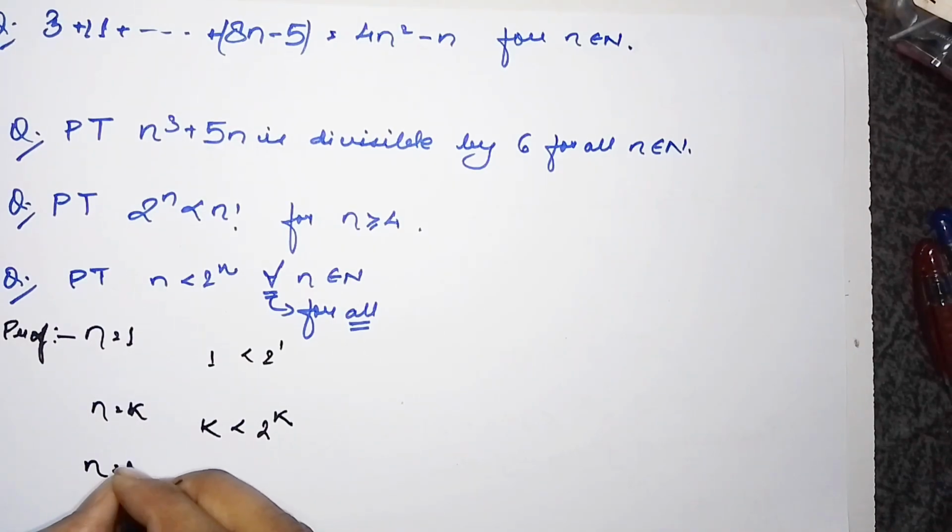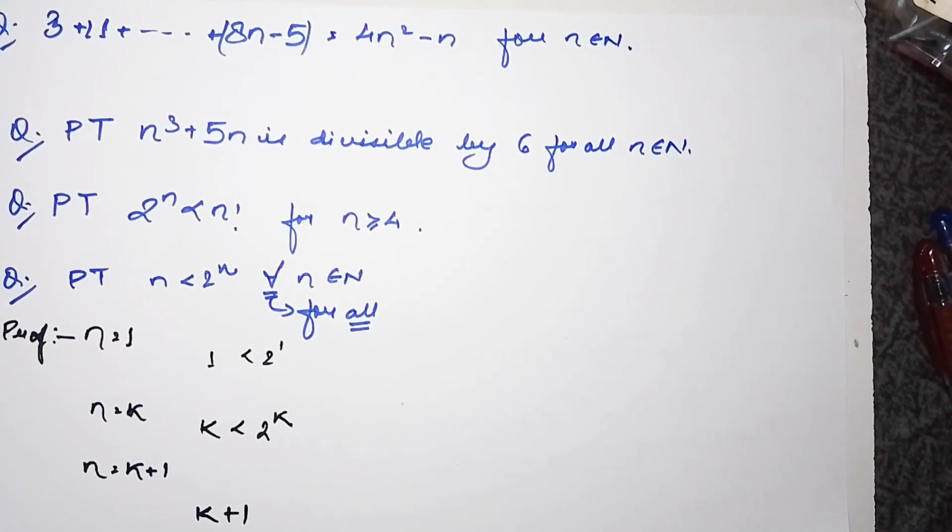Now checking it for n equal to k plus 1. For k plus 1, we have to prove that k plus 1 is smaller than or equal to 2 to the power k plus 1.